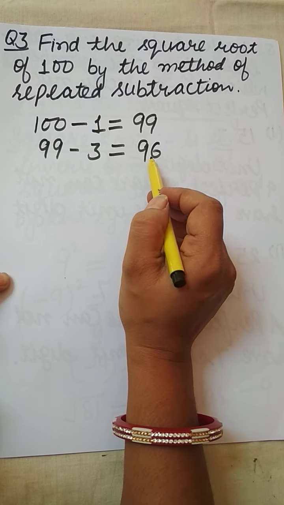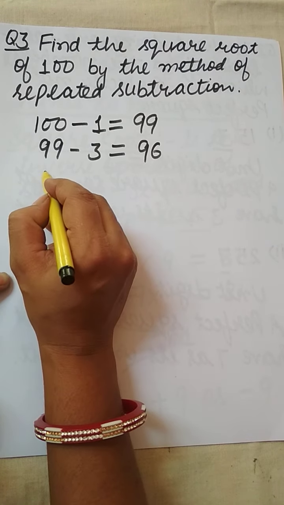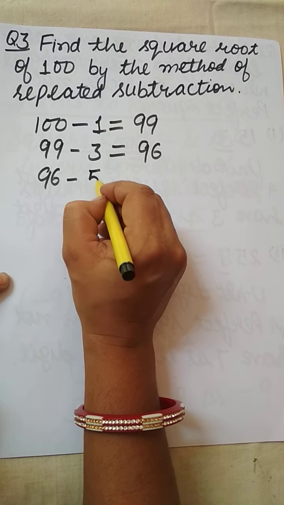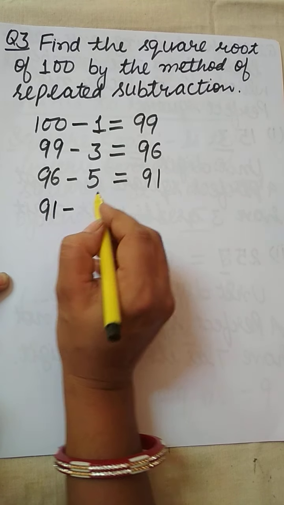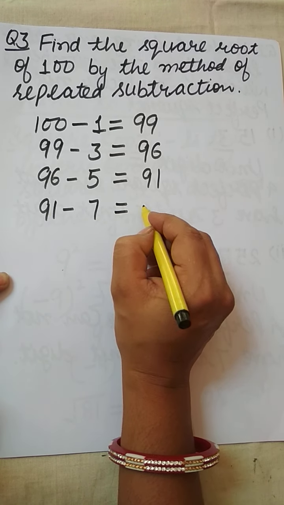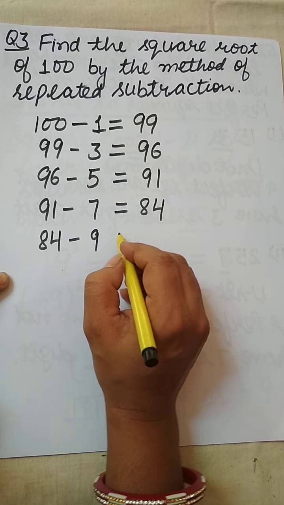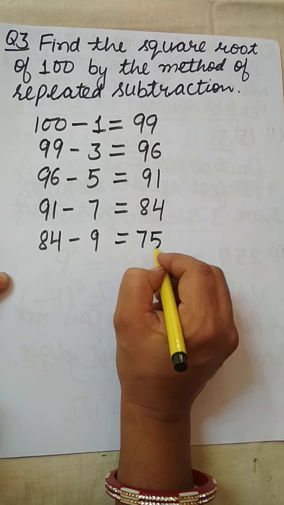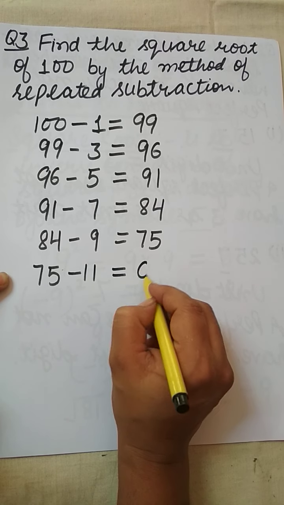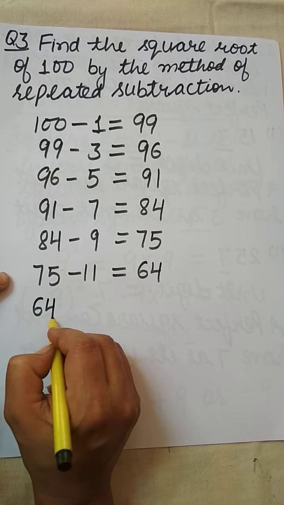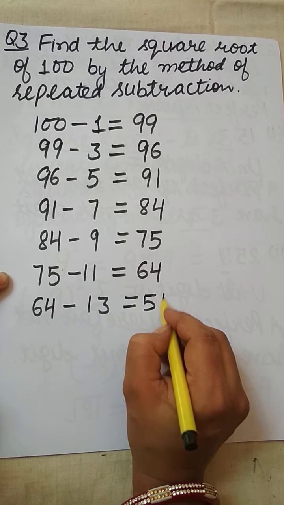In the same manner, I'll subtract the odd natural numbers. Now I get 96 here. Next is 5. 96 minus 5 is 91. Now 91 minus 7, it will be 84. 84 minus 9, it will be 75. 75 minus 11, it is 64. 64 minus 13, it will be 51.